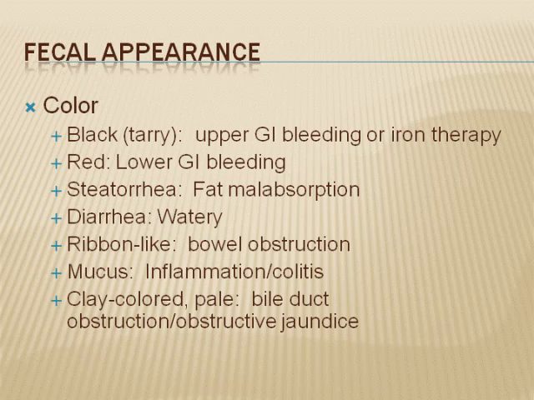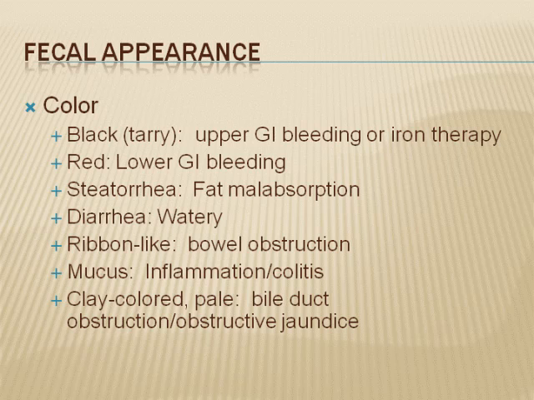When you can visibly see fat in the stool, which is called steatorrhea, that indicates a malabsorption issue, specifically meaning the individual is unable to absorb fats in their GI system. Obviously, stool can be watery. We call that diarrhea.